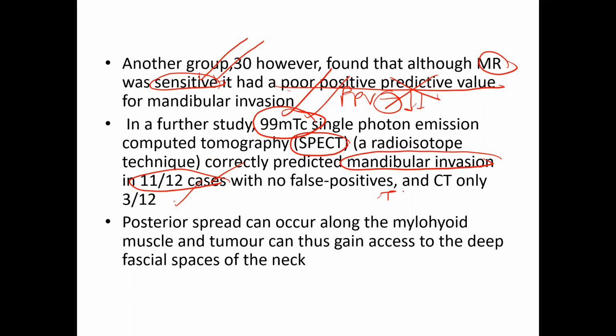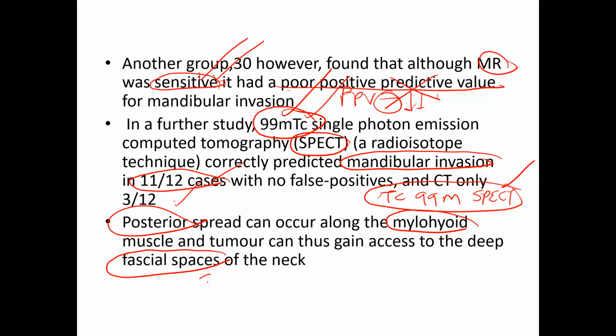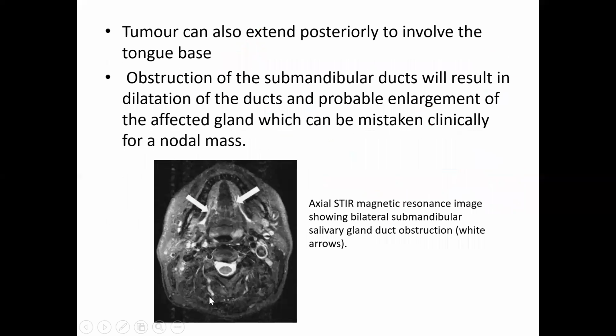So technetium 99m SPECT is the best for mandibular invasion, as you could see. Posterior spread can occur along the mylohyoid muscle, and tumor can thus gain access to the deep facial spaces of the neck.